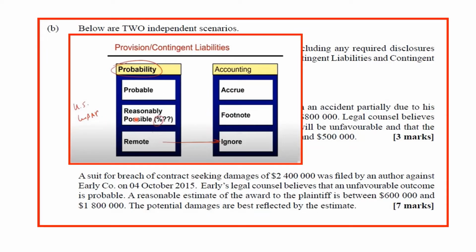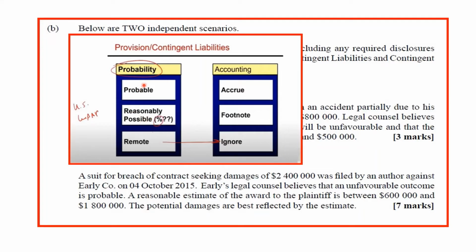You start in the middle here. If the liability is reasonably possible, then you will make a note in the financial notes to the financial statements. If it is reasonably possible, that means it's around 50% possible.